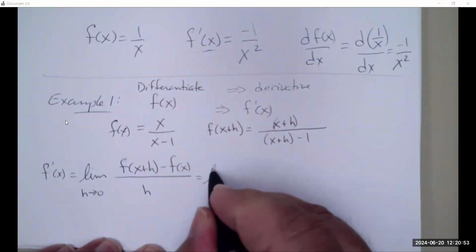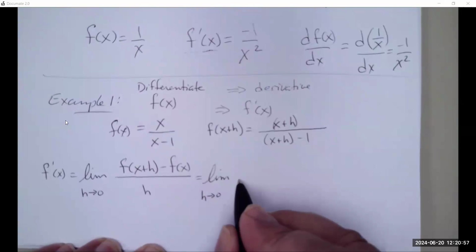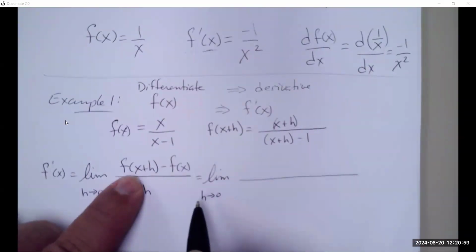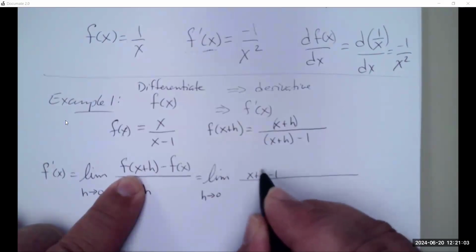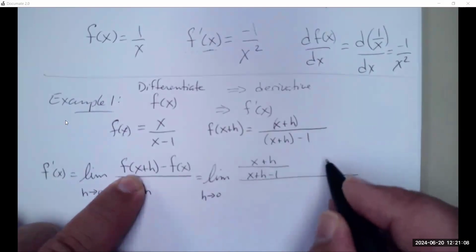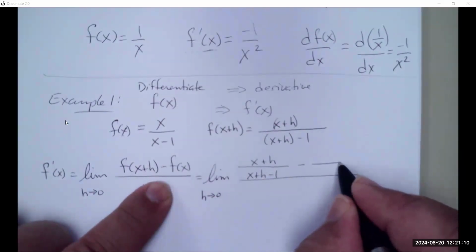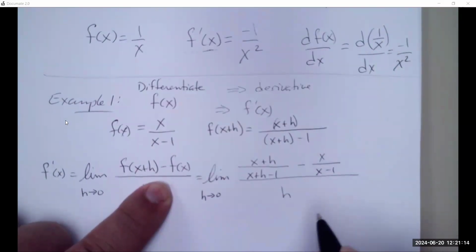Now I can plug those in: the limit as h approaches 0 of f of x plus h, which is x plus h over x plus h minus 1, minus x over x minus 1, all over h.